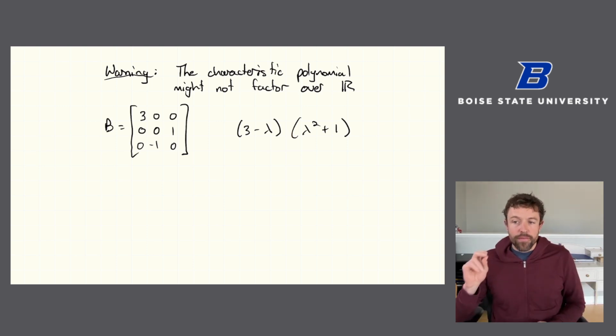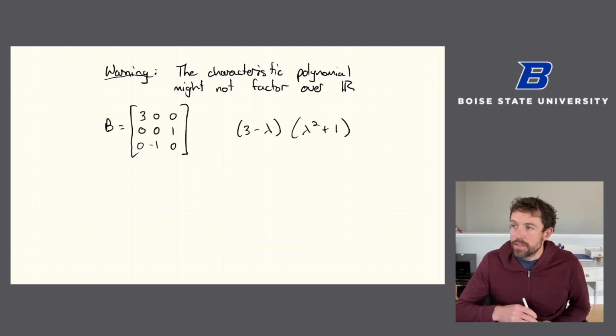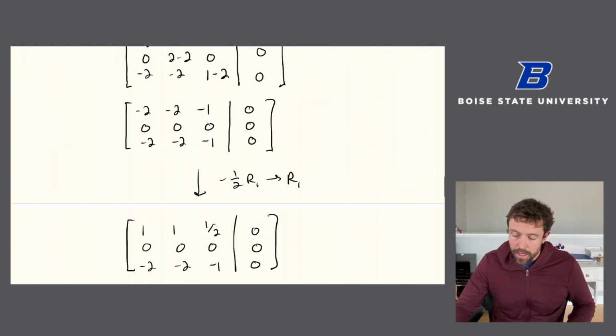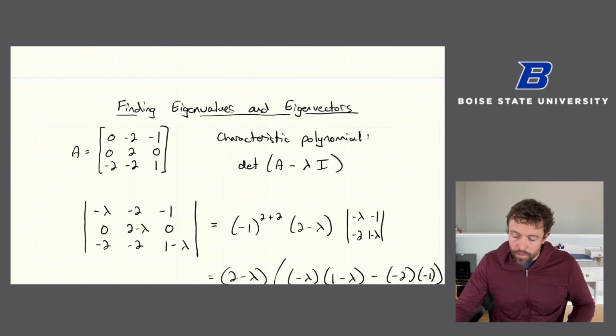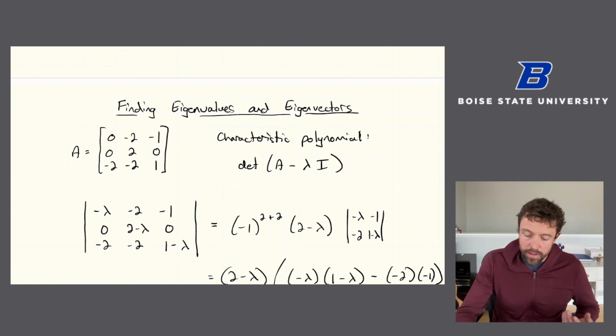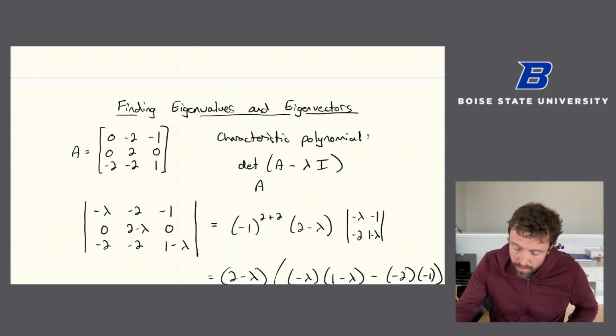Okay, the final thing I want to talk about is why this works. And I think it's not too bad to understand why it works, although I wouldn't say it's easy. We want to know whether this equation has solutions.